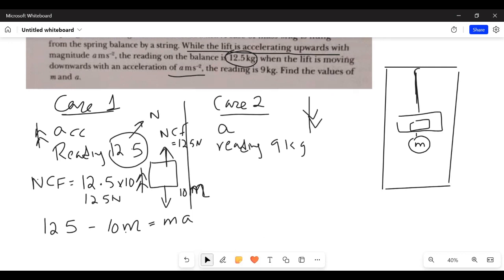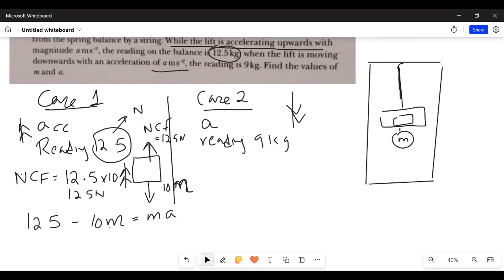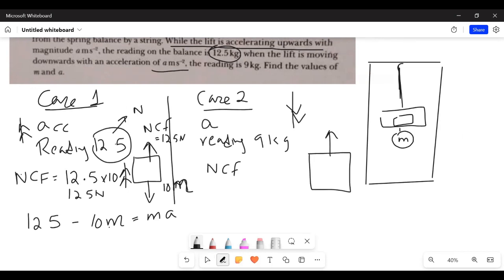Now the lift is going downwards. Normal contact force now is going to be 90 kgs, so 90 newtons. So the upward force is 90 newtons. The downward force is the weight, which is going to be 10 m again.